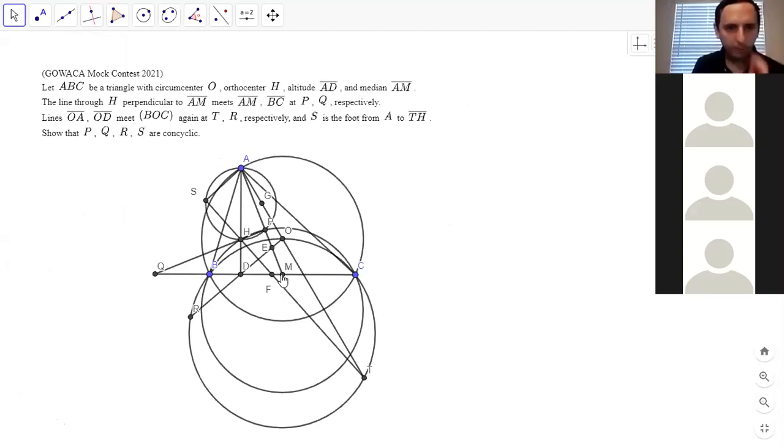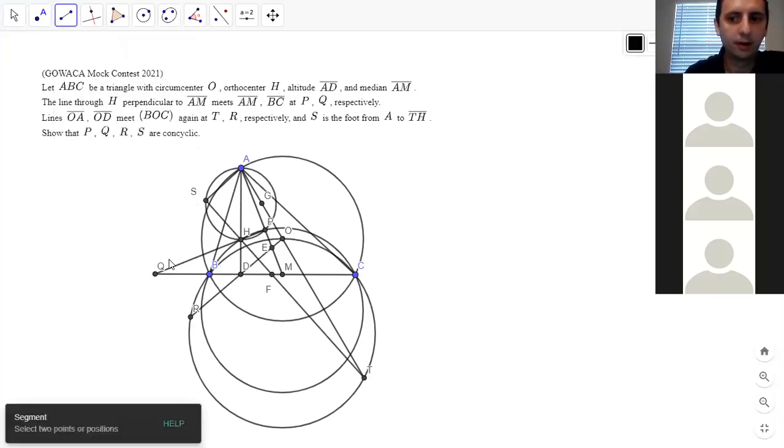Okay, so QDBC, I'm sorry, is harmonic, and RD is the angle bisector of BRC. So okay, that proves angle QRO is 90.